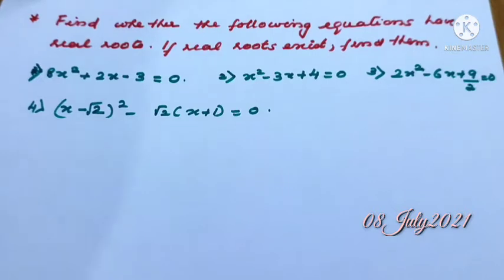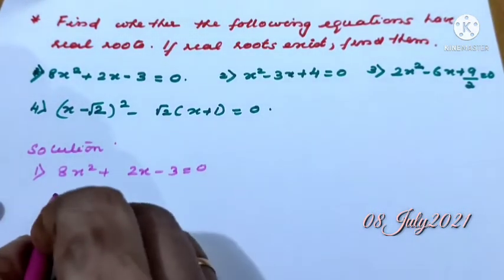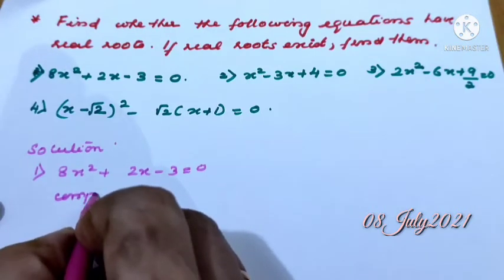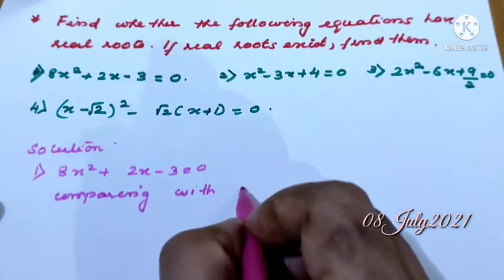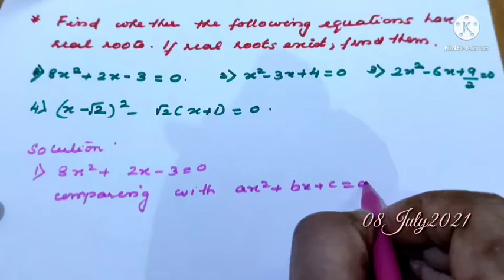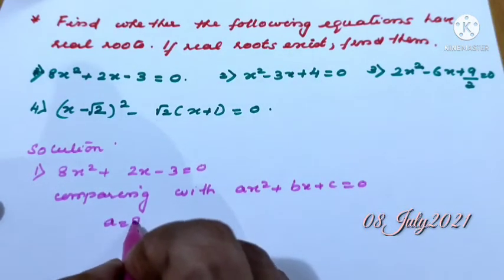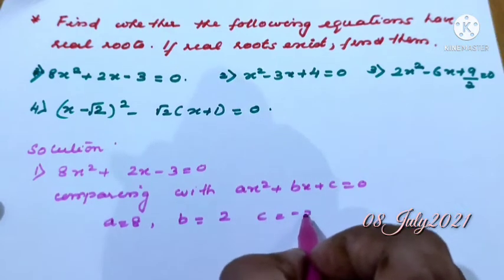So first question, 8x square plus 2x minus 3 equal to 0. Comparing with ax square plus bx plus c equal to 0, a equal to 8, b equal to 2 and c equal to minus 3.